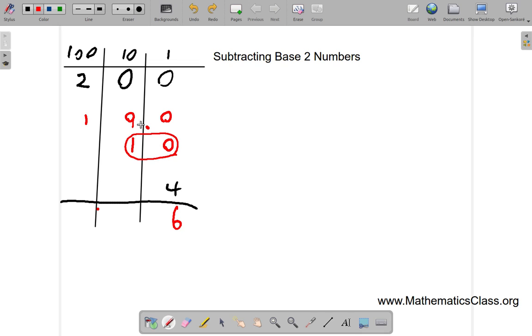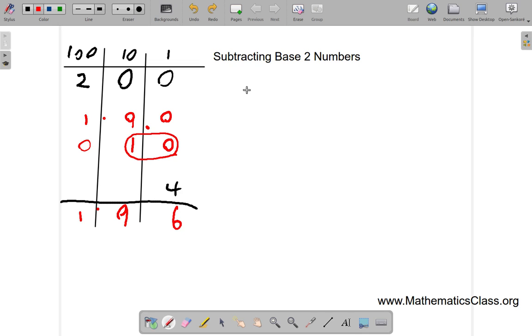Now this is 9 tens in the tens column. You have used that up already, so you just have 9 tens minus 0 tens, which gives you 9 tens. And here 100 minus 0 gives you 100. So this is 196.